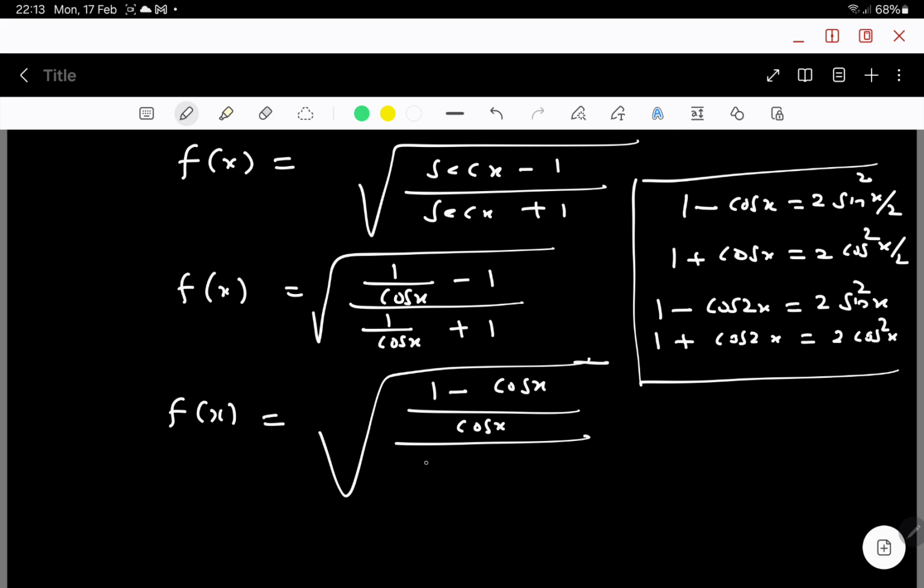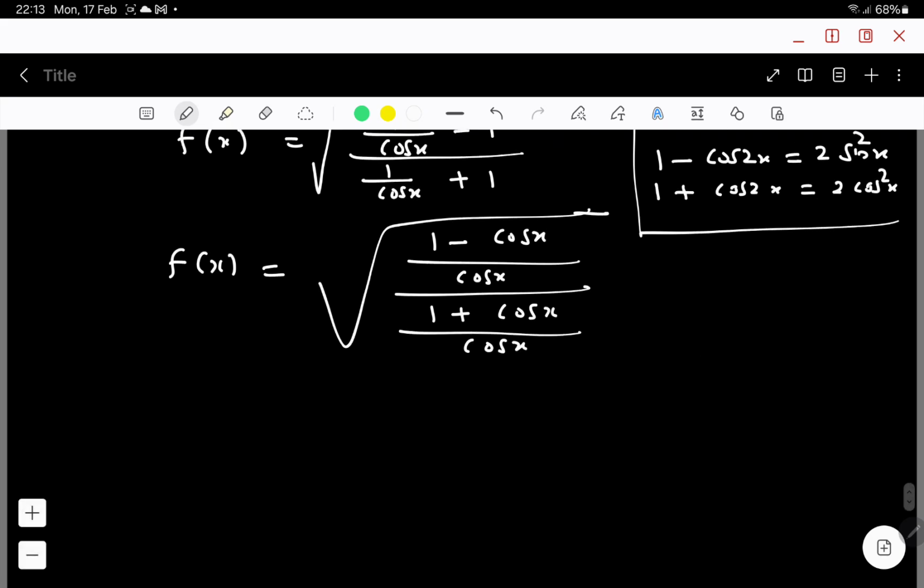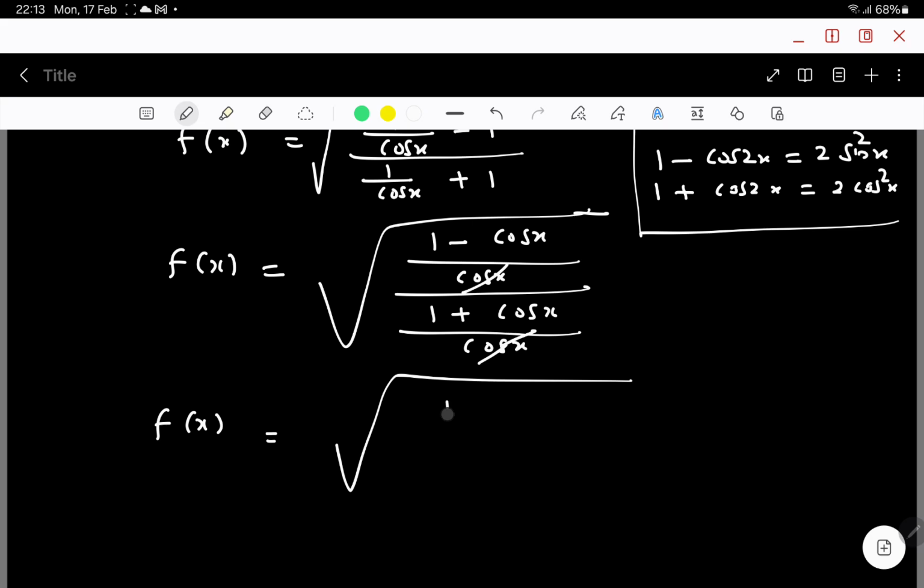In the denominator also take LCM, 1 plus cos x by cos x. So f of x equal to, okay, this cos x cancels. So 1 minus cos x by 1 plus cos x.